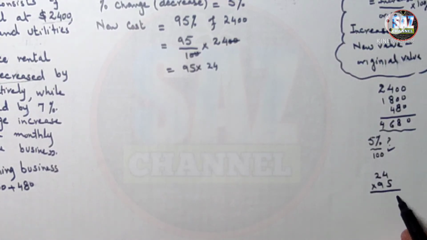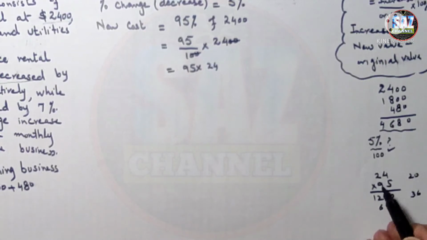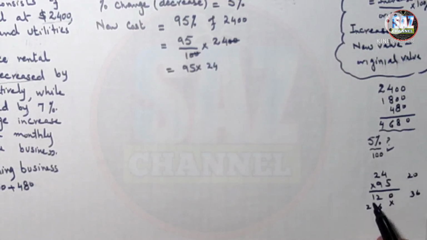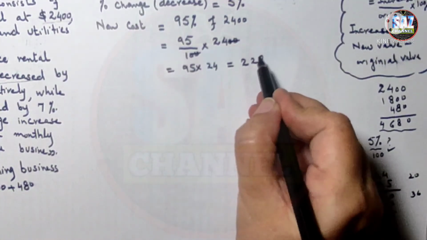The whole game is to teach you how to apply the concept properly and how to perform calculations mentally. 5 4s are 20, 0, 5 2s are 10 and 2 is 12, 9 4s are 36 and 9 2s are 18 and 2 is 21, 0, 8, 2, and this becomes 2,280.